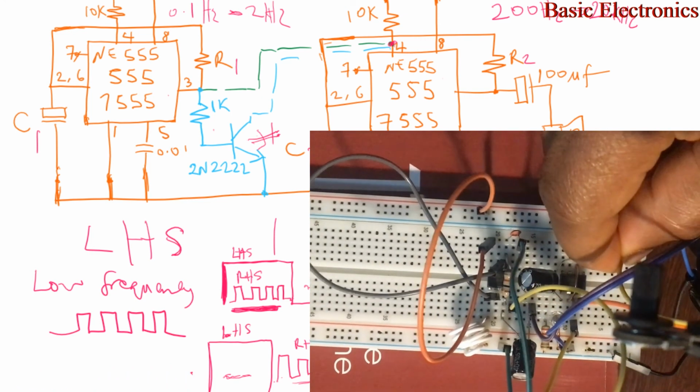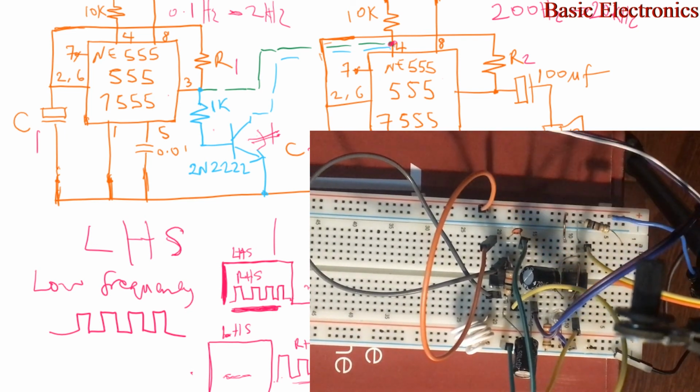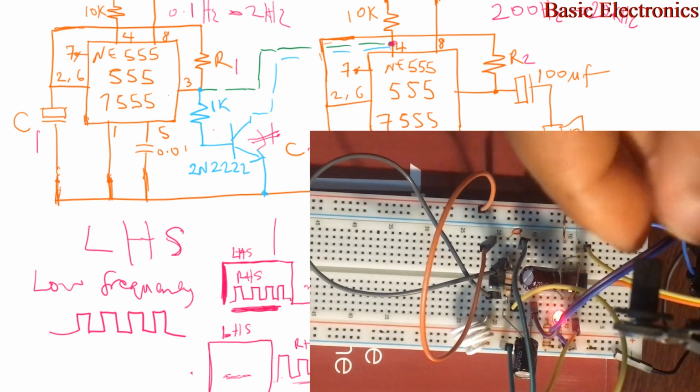Right, so I'm going to short the resistor, the 1 kilo ohm resistor, so I can control it directly with the resistor.